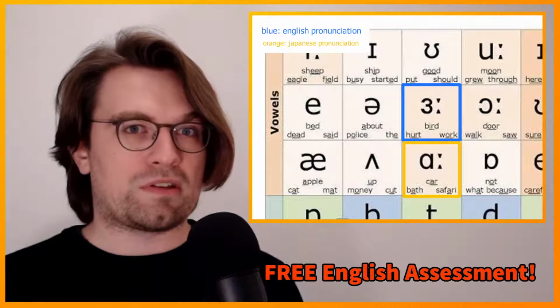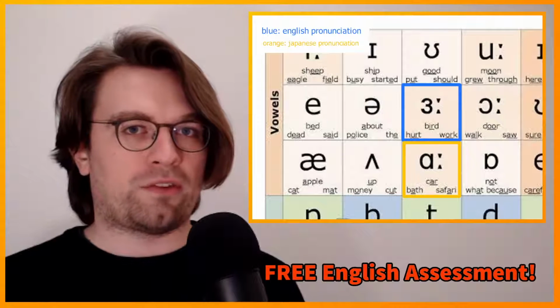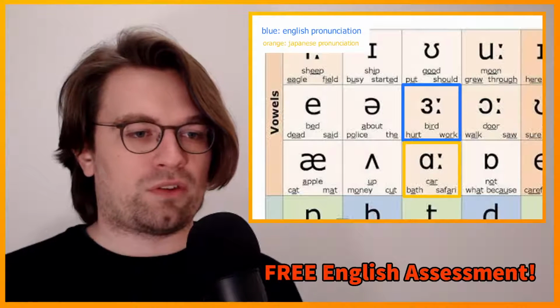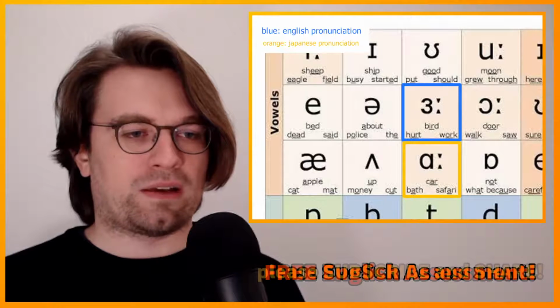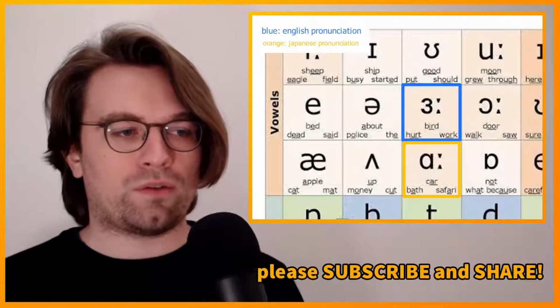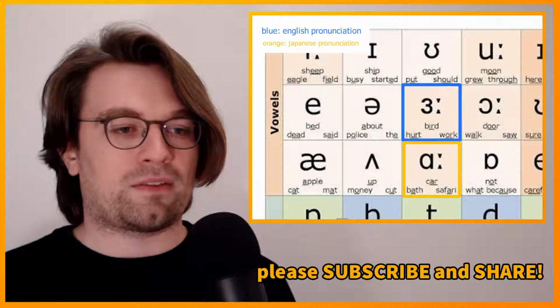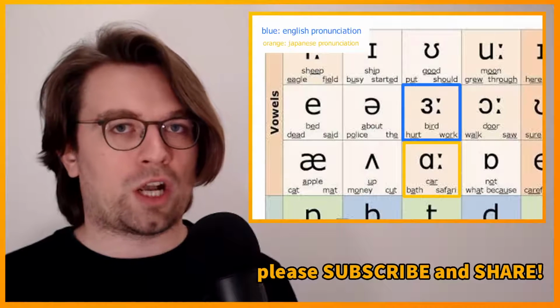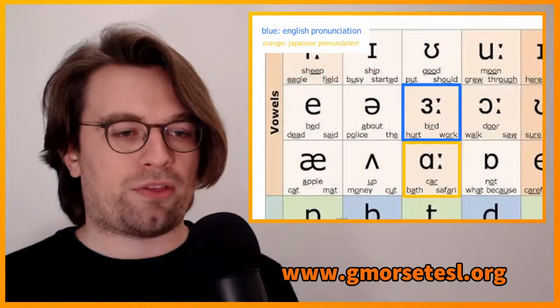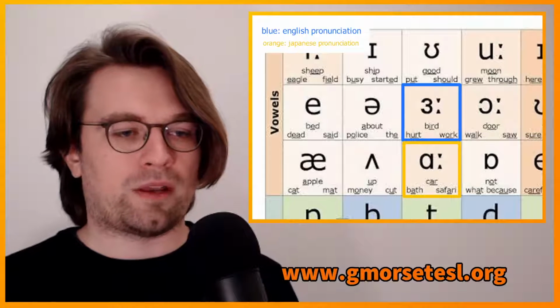A lot of them, when you say these words in Japanese, the sound is actually used as an ah sound. So see the orange triangle down at the bottom? That's the sound that we use for this consonant. So we use the same sound as in car and bath and safari, right?